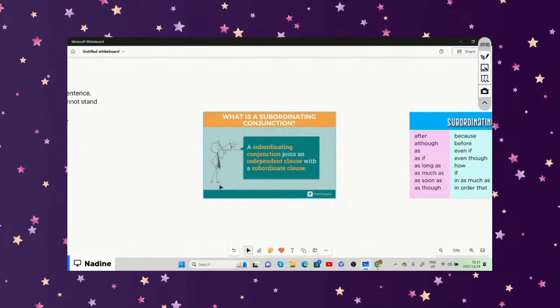And the subordinating clause consists of the subordinating conjunction and basically the whole of the dependent clause.